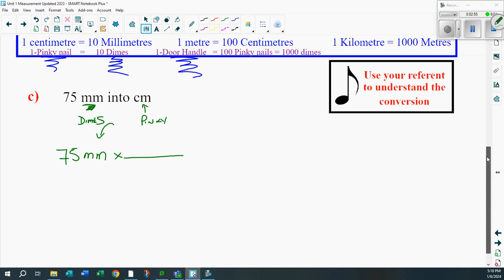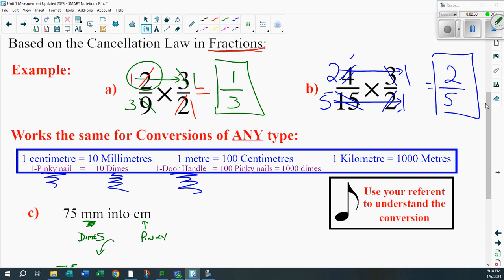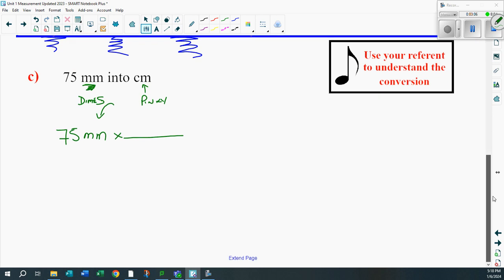Bear with me. How did we get rid of this guy in the numerator? Well, we had its match in the denominator, didn't we? Watch this. If that's millimeters in the numerator, I'm going to put millimeters in the denominator. Why? Because I know they're going to cancel. But wait a second, what am I going to put on top? Well, what I want to convert to, which is centimeters.